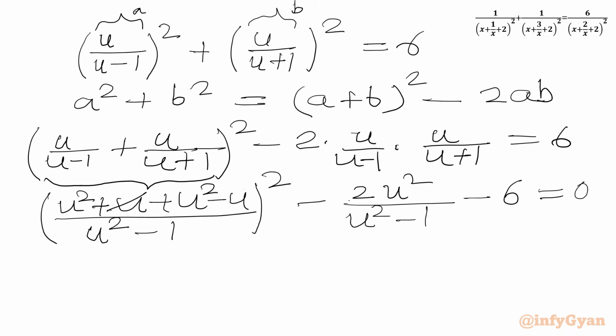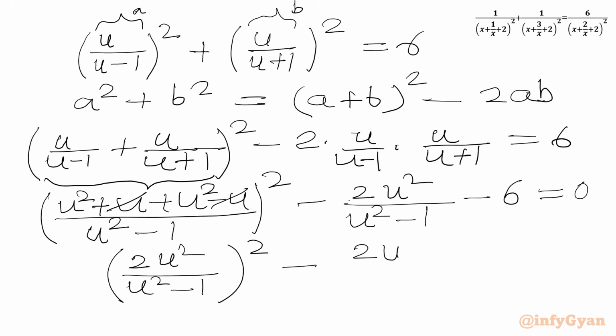Now plus u and minus u will get over. We will get 2u square over u square minus 1 whole square minus 2u square over u square minus 1 minus 6 equal to 0.